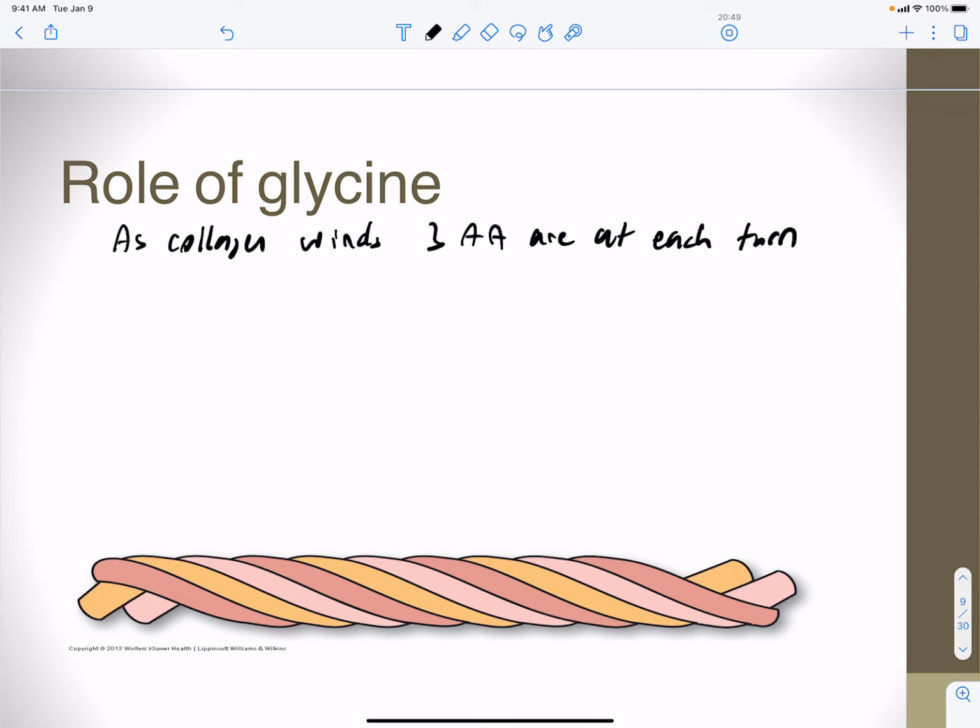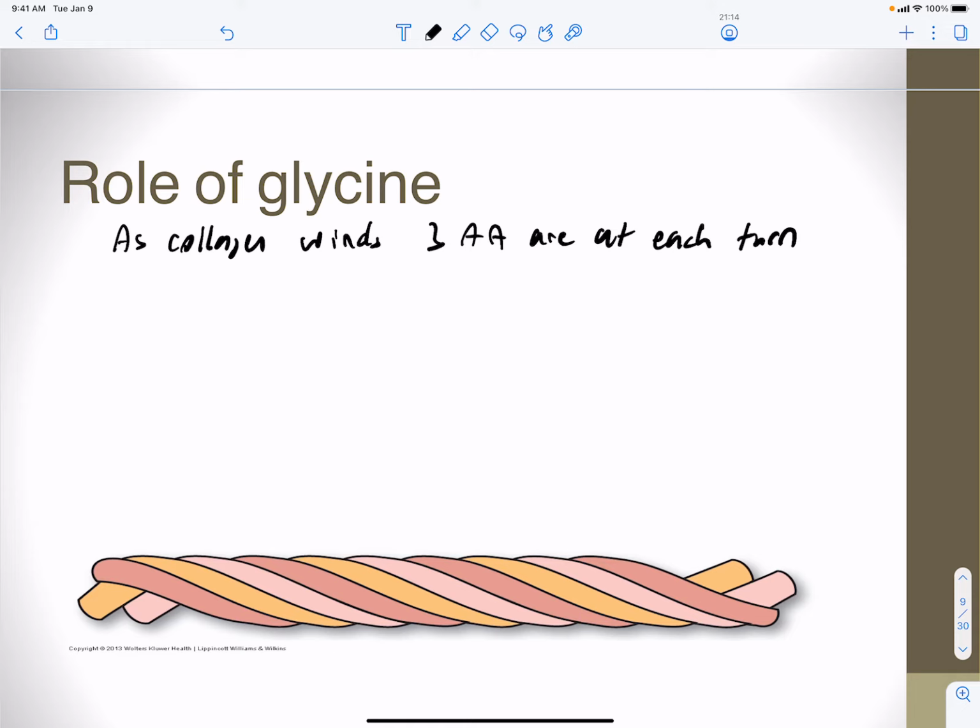Okay, so in this case, every third amino acid is in close contact with the other 2 strands in the center, and only glycine can fit into this position. Only glycine can be flexible or not interactive as much to make sure that the collagen winds properly. So there are going to be 3 amino acids at each turn.